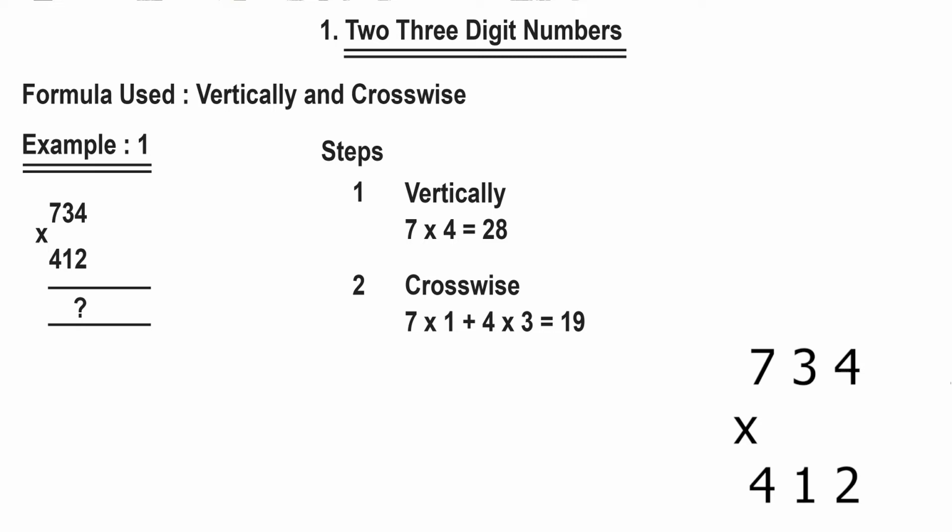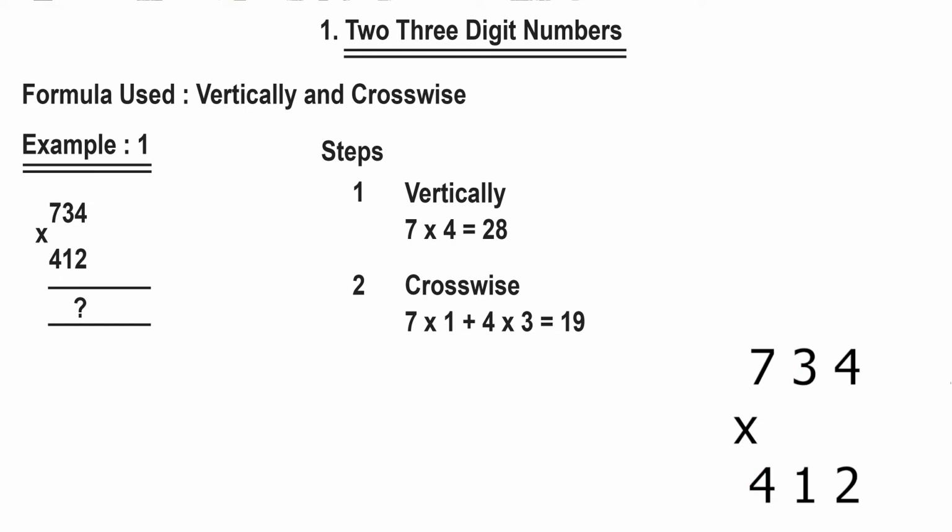As we move further right on the multiplier, our next calculation would be between 7 and 41. And now since it is two digits in the multiplier, the next step would be a crosswise. 7 multiplied by 1 plus 4 multiplied by 3, which is 19.